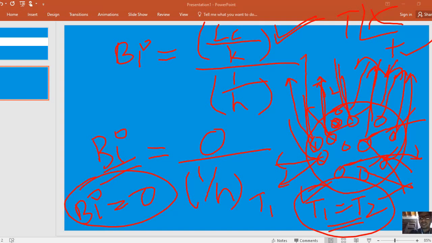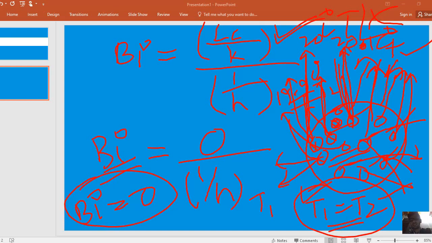Suppose the temperature at this point is 20, then the temperature at that point can be 20.1 Celsius, and the temperature at another point can be 19.9 Celsius. It is not necessary that the temperature at every point is the same.